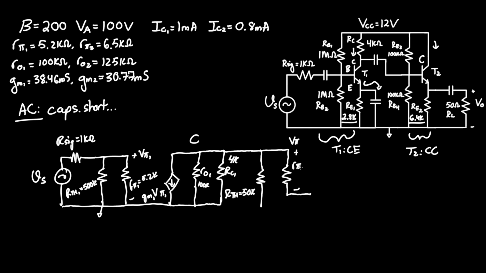And we know our pi 2 equals 6.5K ohms. And the dependent current source, GM2 V pi 2, which is then connected to our final resistor by the collector, RO2, which is 125 kilo ohms.